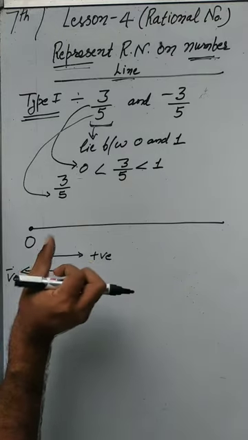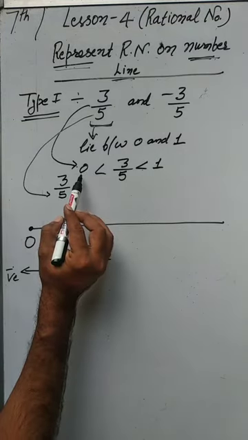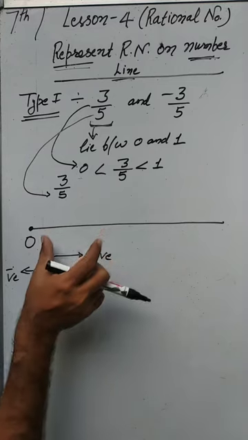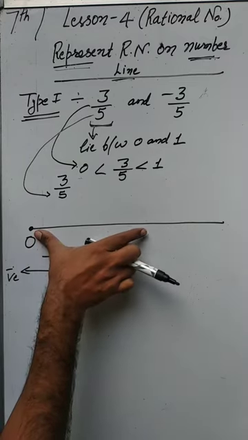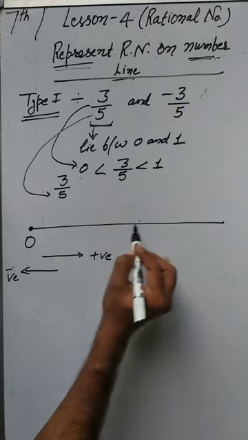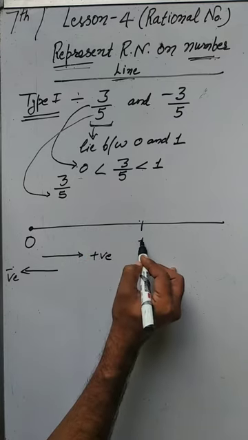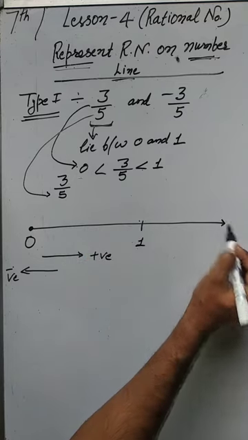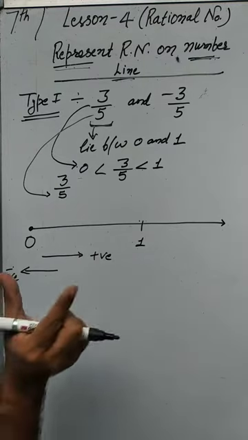It lies between 0 and 1, so leave equal gap. This is our 0 on the number line and this is 1.